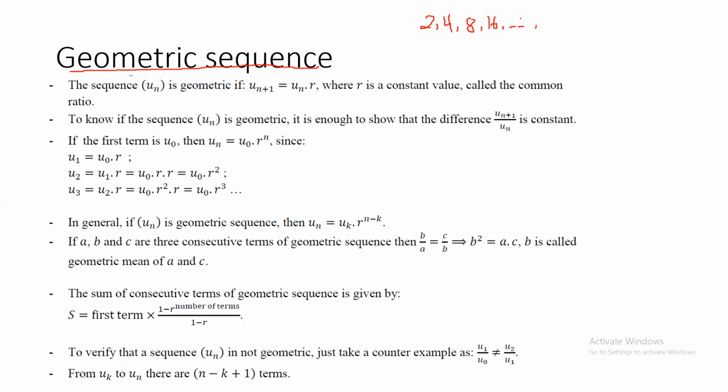Can you give me what comes after 16? 32. After 32, what comes?